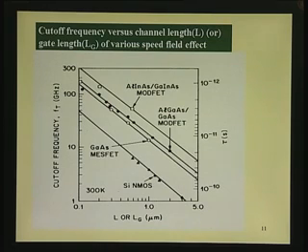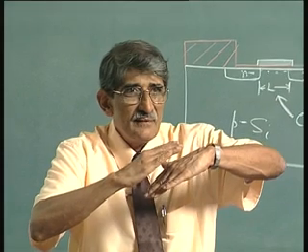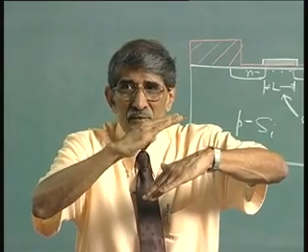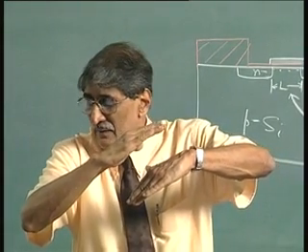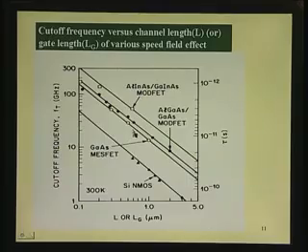These are some of the curves you can see. The curves keep on shifting up. Silicon MOSFET, then above that you have gallium arsenide MOSFET, then above that you have aluminum gallium arsenide MOSFET, and above that you have another material.